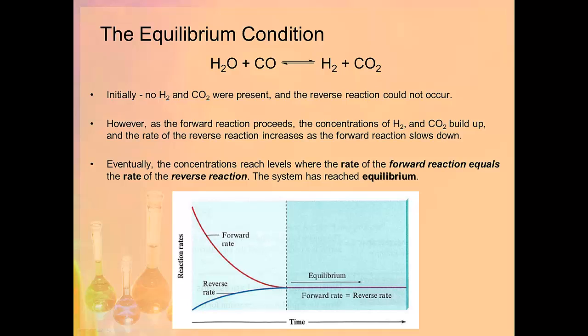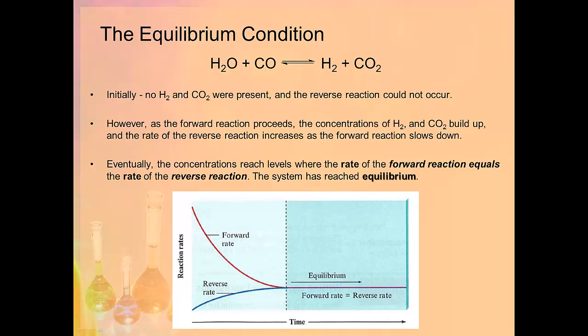They haven't had a chance to form, no time has passed. But as time passes, the forward reaction will proceed. When we say the forward reaction, we mean the reaction that goes from left to right. So the forward reaction proceeds, and the concentrations of those products, H2 and CO2, build up, they get greater.